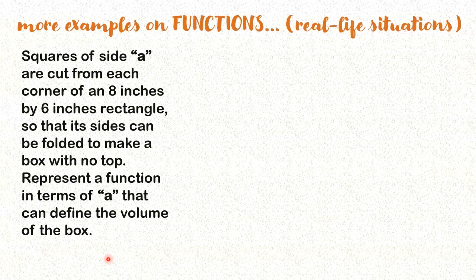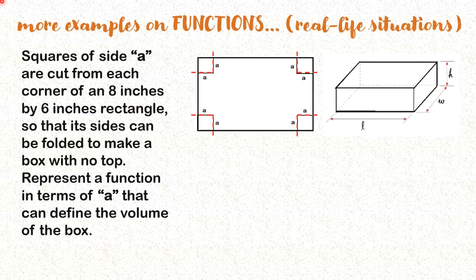Okay, so syempre, to clearly visualize the problem, we need to draw. Ganito siya. So ito yung rectangle natin. Nasan yung 8 inches? Ito yon, yung mas mahabang side. 8 inches to, tapos ito naman 6 inches. Tapos nakalagay dito, squares of side A, so A inches to, are cut from each corner.